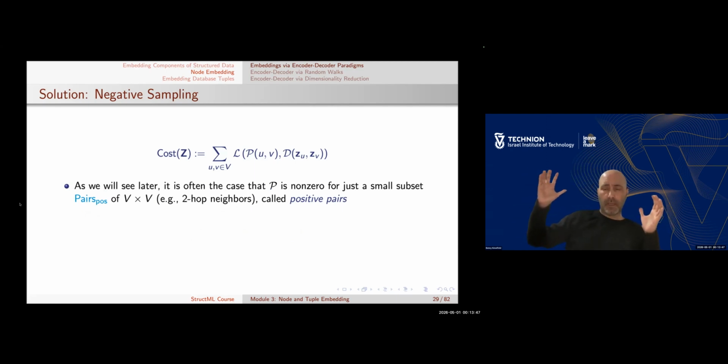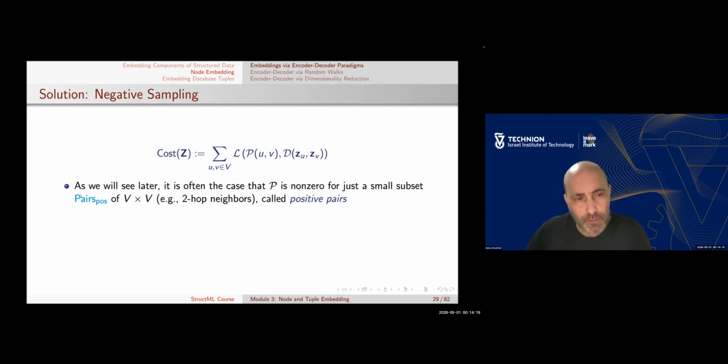The point is that in common instantiations, the set of pairs of nodes for which the proximity is non-zero is small. For most pairs, the proximity is zero. For a few, it is non-zero. Okay, this sparse setting, these cases of non-zero are called the positive pairs.